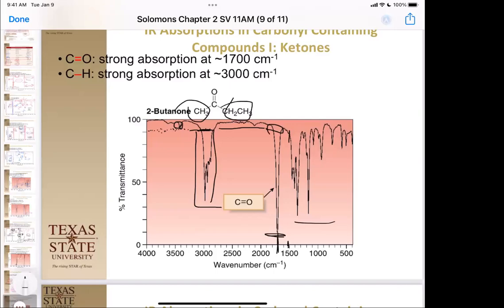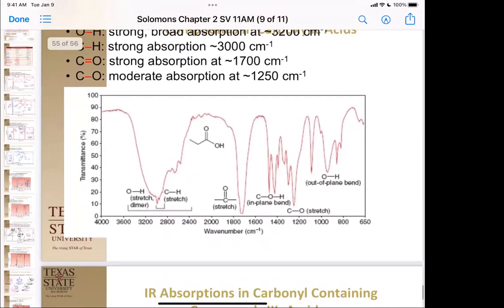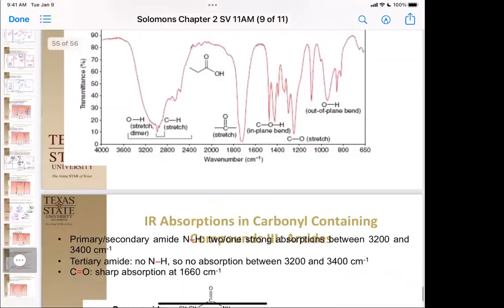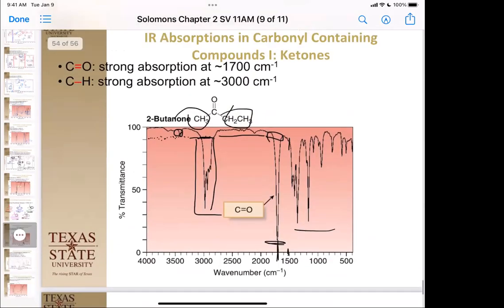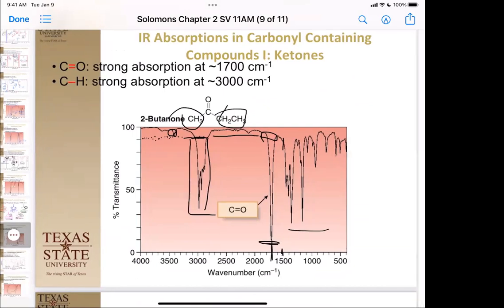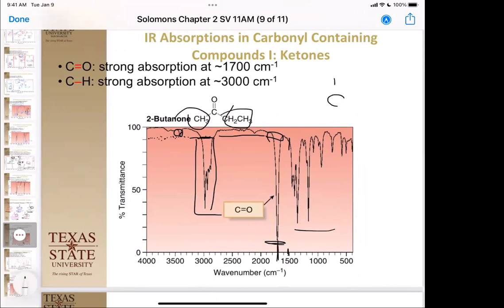Okay, so if we move on, I don't have an example of an aldehyde here, but aldehyde also has a very specific peak. And I'll show you why. We have the carbon, hydrogen, and then this is a carbon over here, right?